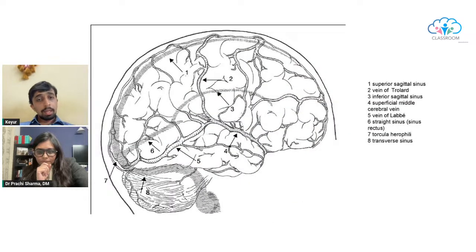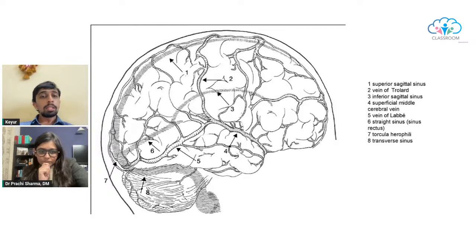This is a schematic diagram of how the surface of the brain with the various cortical veins looks. Here there are two important veins that we need to understand: the vein of Trolard and the vein of Labbé. These are communicating veins.